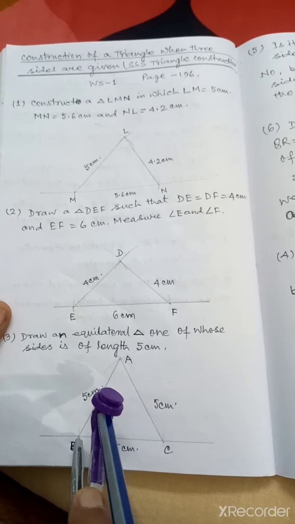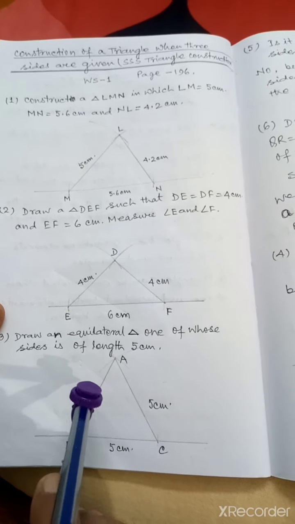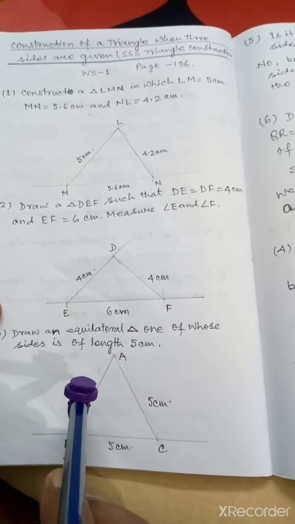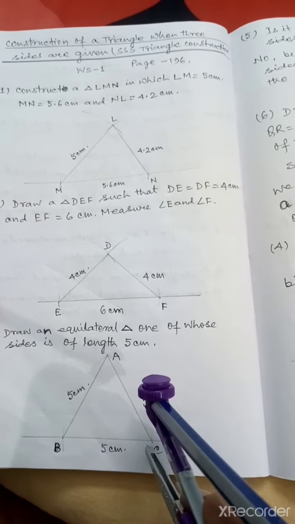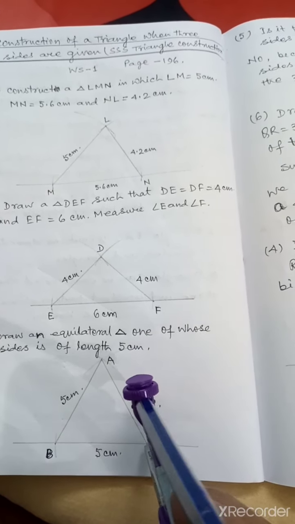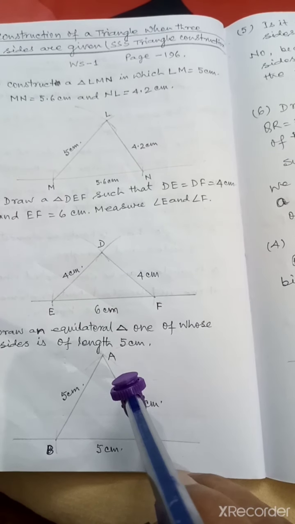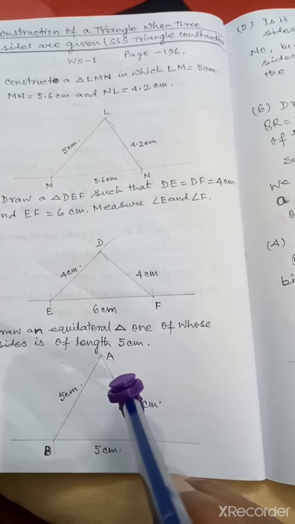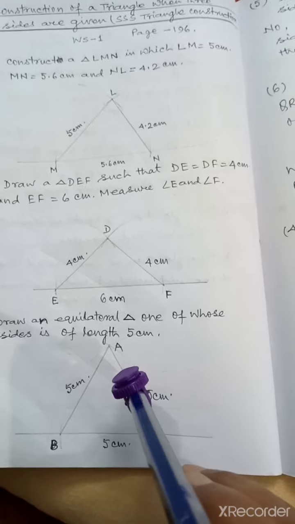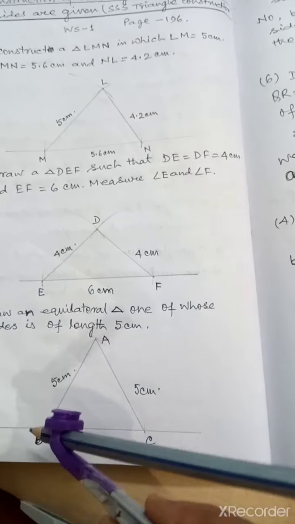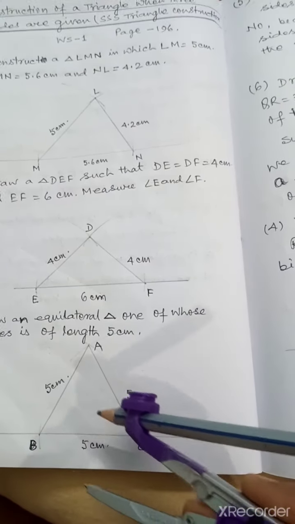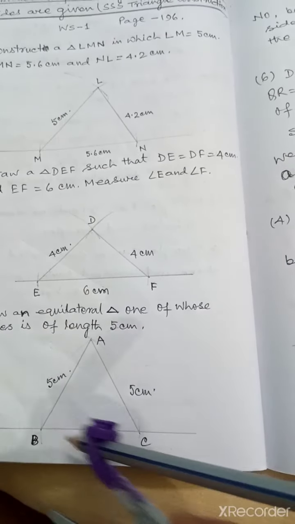With B as a center and BA as a radius, draw an arc 5 centimeter. Again with C as a center and CA equal to 5 centimeter, draw an arc. They intersect the previous arc at a point A. Join AB and AC. Therefore triangle ABC is the required triangle.